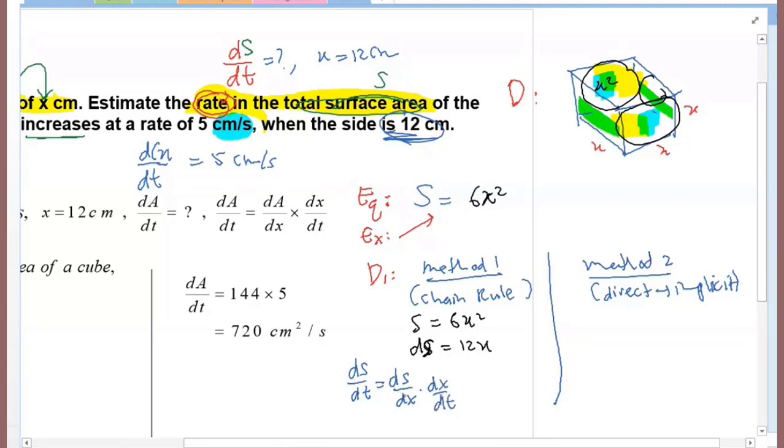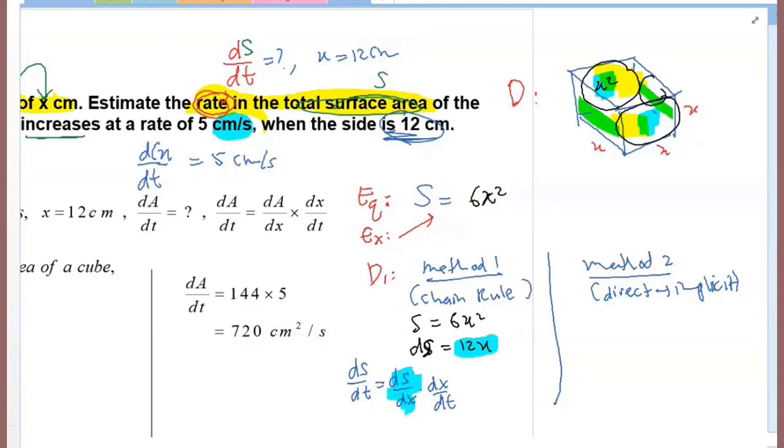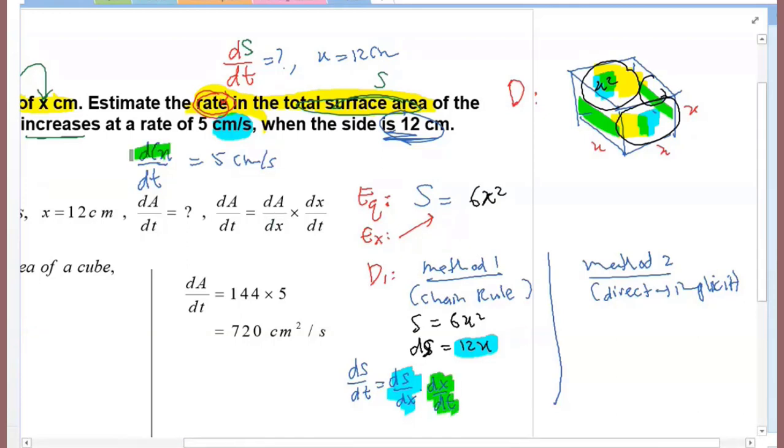And substitute ds/dx, and dx/dt is given, so substitute.